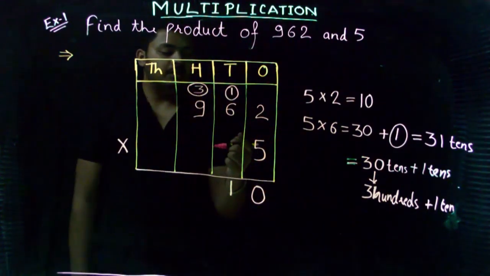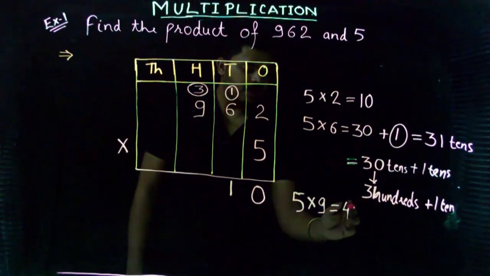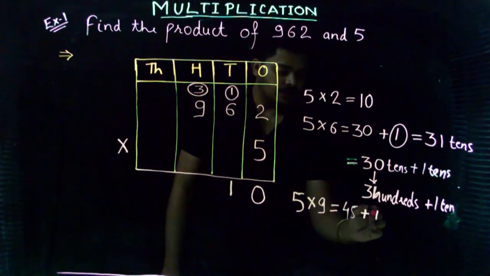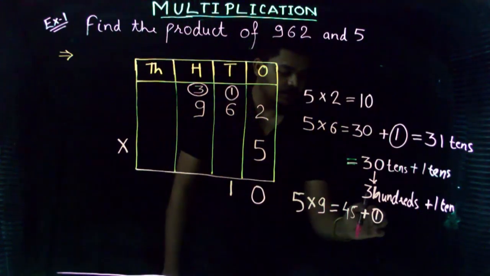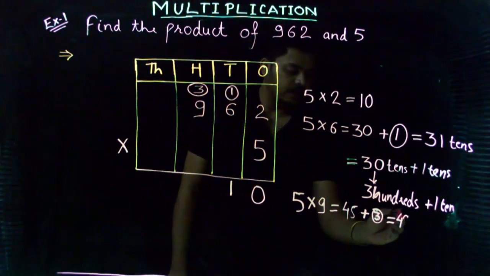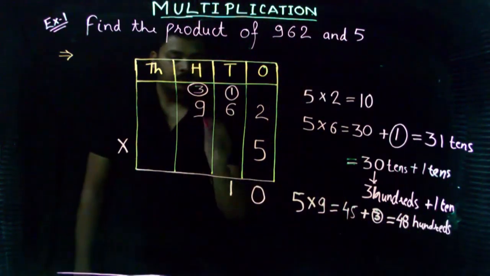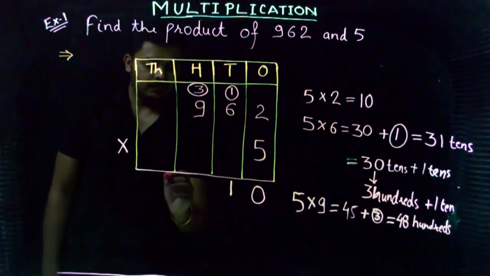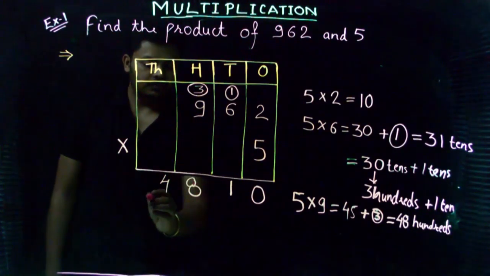Now multiplying 5 into 9 equals 45, plus 3 carryover equals 48. So now we write 48.